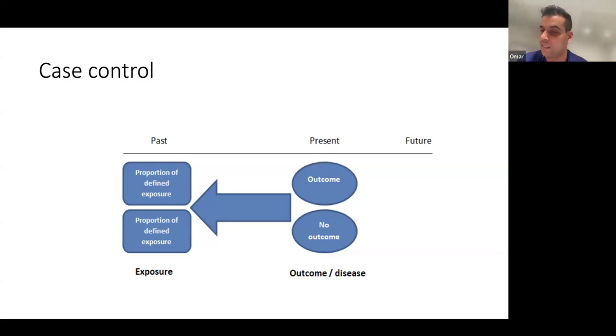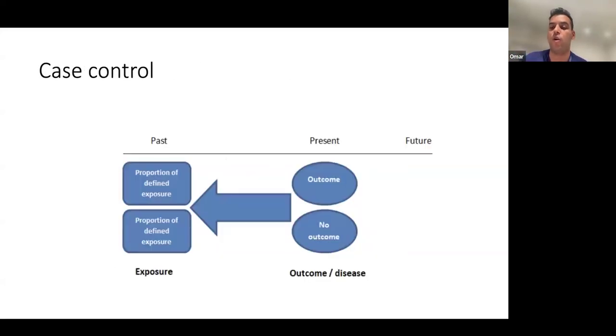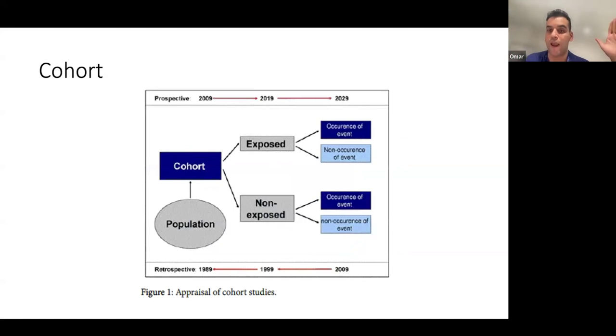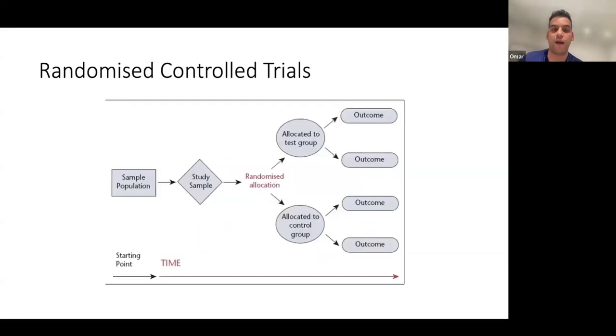Does that all make sense? The difference between a case control and a cohort is all about when your exposure is; case control is when you look at your outcome and look back. A randomized control trial we've discussed already: you usually have two arms, but it can be many arms. There are lots of very complicated randomized control designs, and you're looking at your outcome.